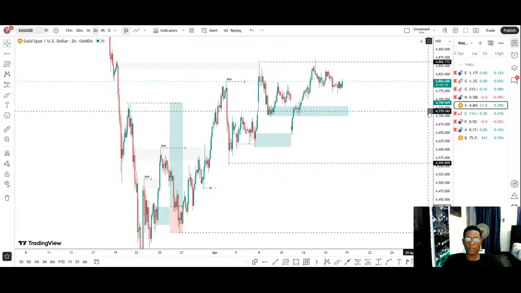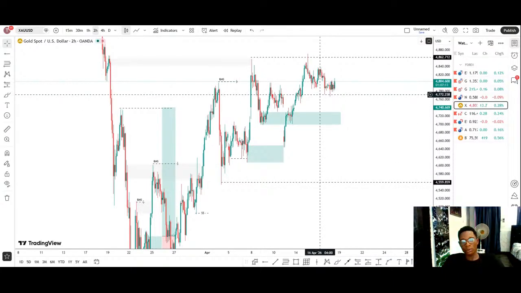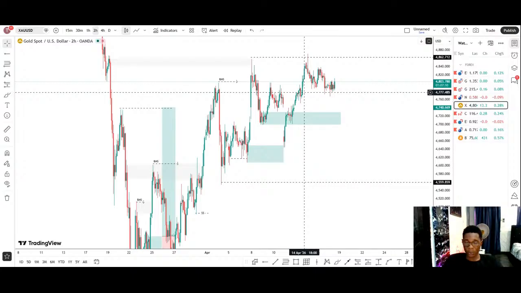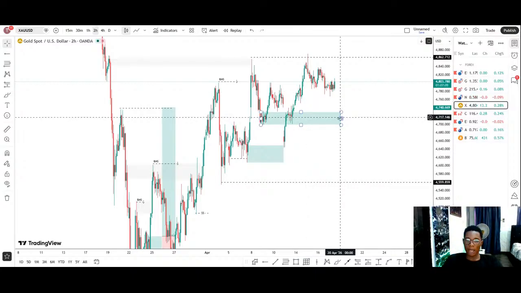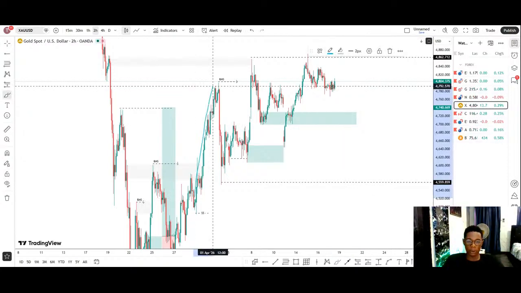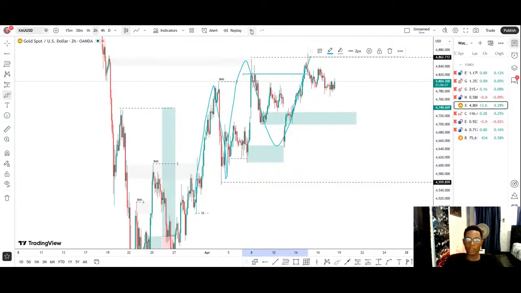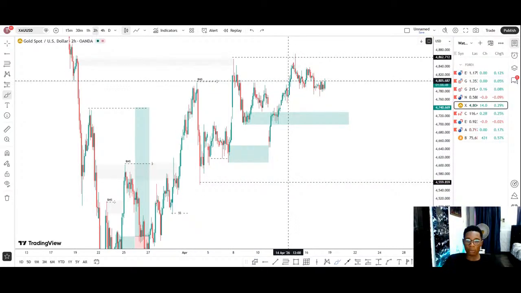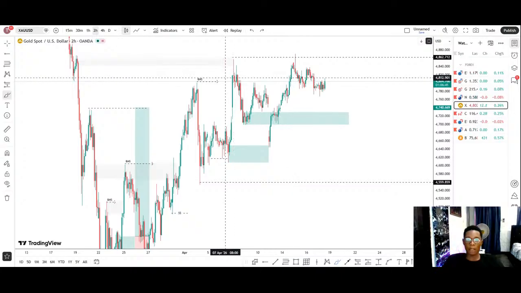Okay, we have gold. My mentor is buying from here, but I'm only interested at this level here, right? Let's look at the structure: higher high, higher low, higher high, higher low, and we have a higher high, though the high was signaled with only a few candles. We have price breaking above this previous higher high.